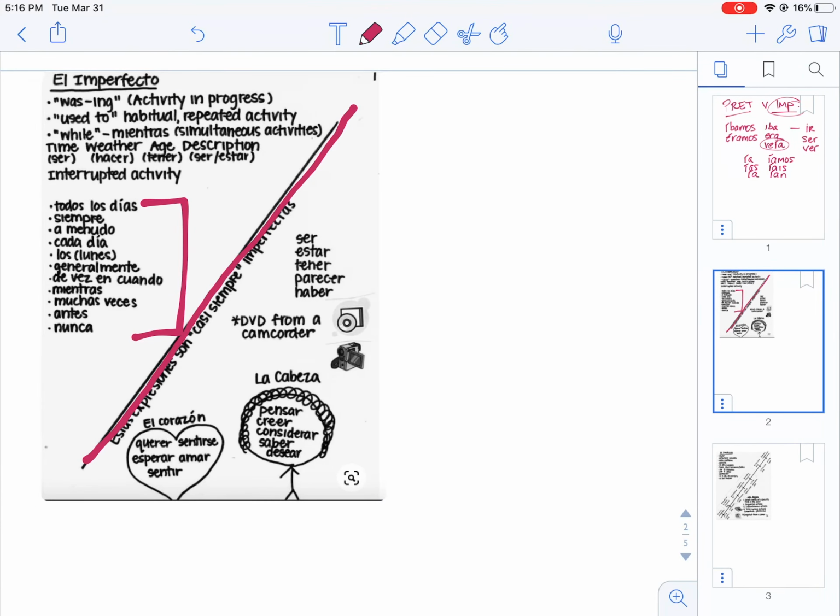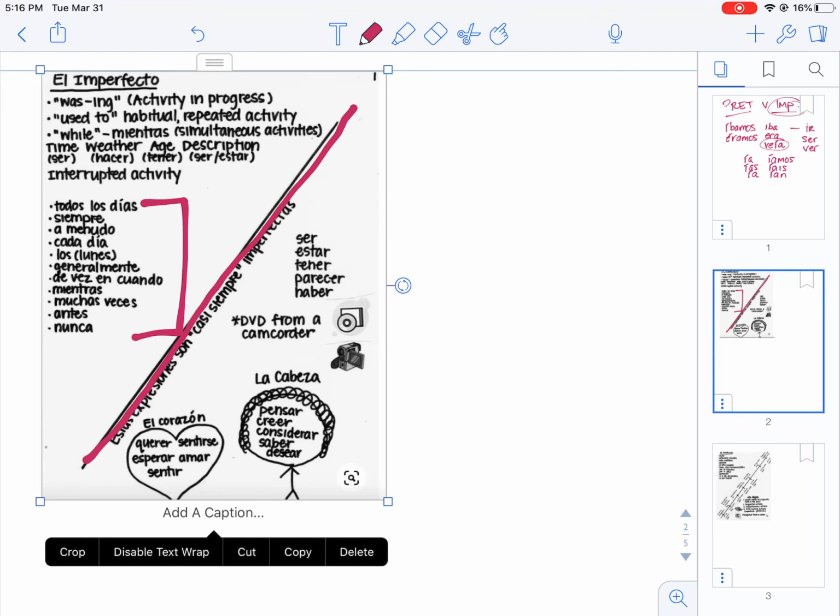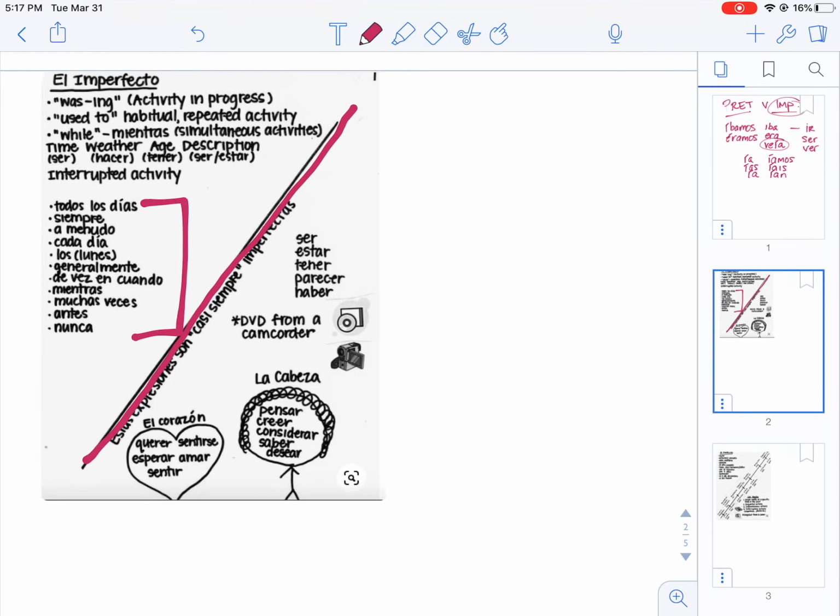So those were good ones that you had. All the other ones there, do you notice how this one says, for example, los lunes? Los lunes means like every Monday versus el lunes, which is just Monday, okay? So these words, again, if you don't have them, please copy them in your notebook, okay?